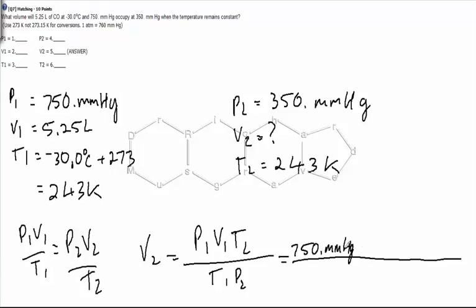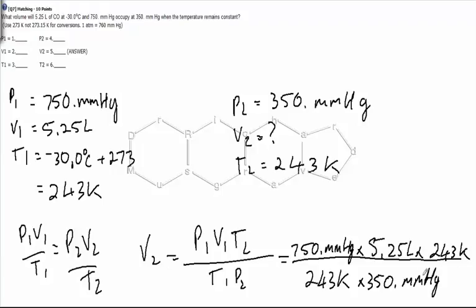Notice the importance of using the units here so we can make sure everything cancels at the end to give us what we want. V1, 5.25 litres. T2, 243 K. T1, 243 K. And P2, 350 millimeters of mercury.